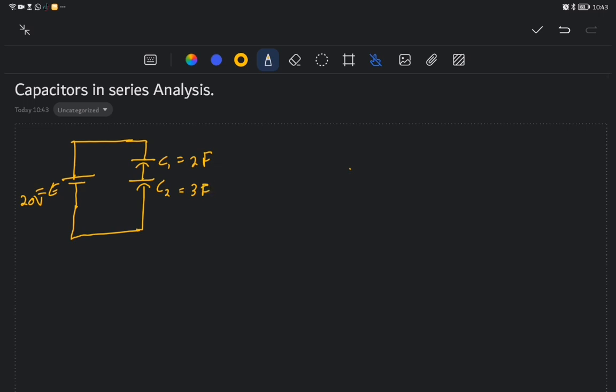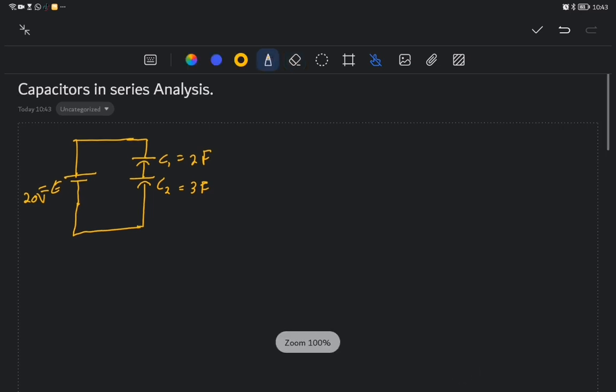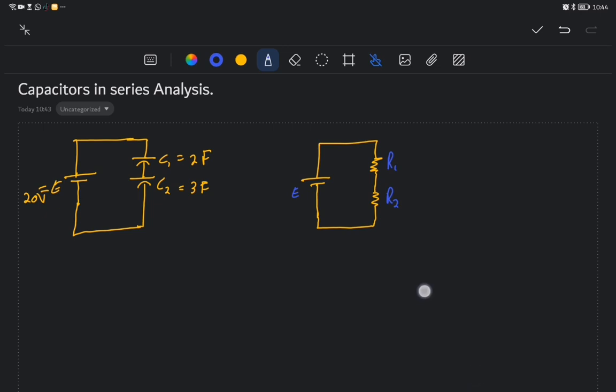Now you have two capacitors in series. So what can you say about them? Understand that if we had a resistor circuit where we had something like this, this is R1, maybe R2, and then maybe that's the battery E. We would say that the current flowing between the two resistors is the same.